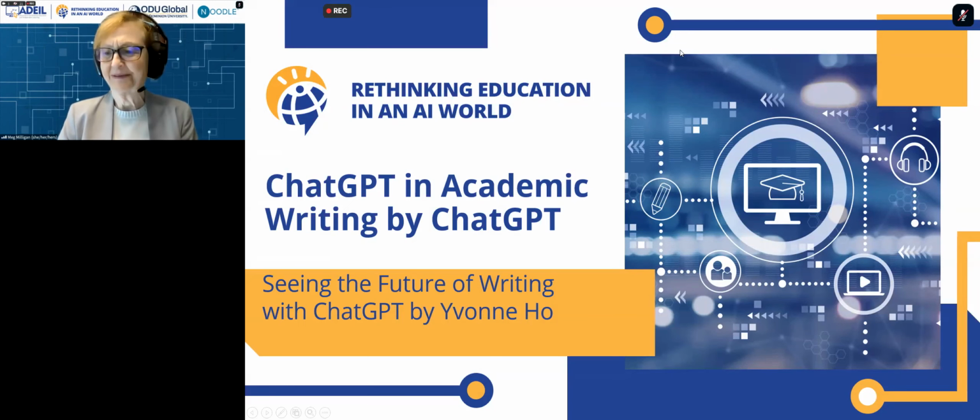She became interested in ChatGPT, which she calls, quote, a calculator for writing, end of quote. She's here today to talk to us about how to use ChatGPT for academic writing. So with that, I'll hand it over to Yvonne.